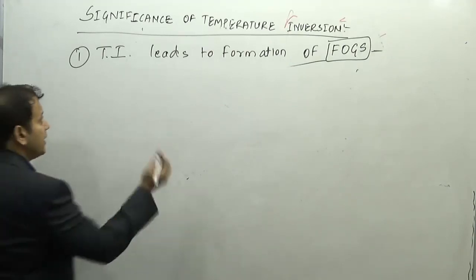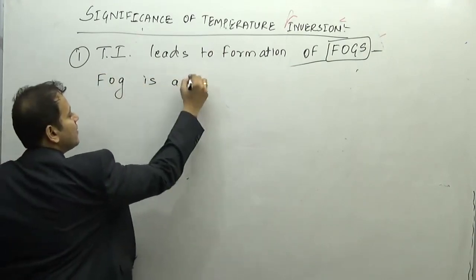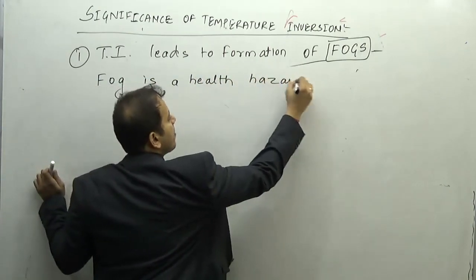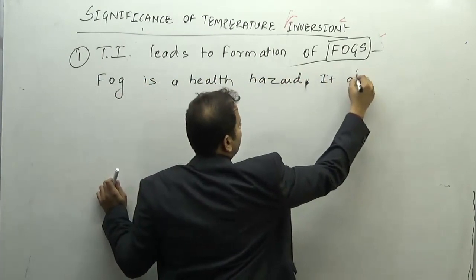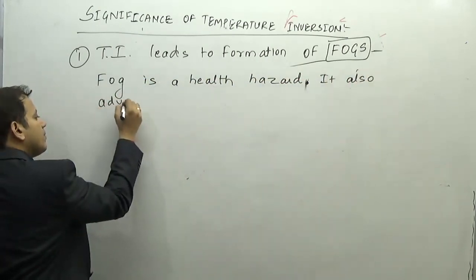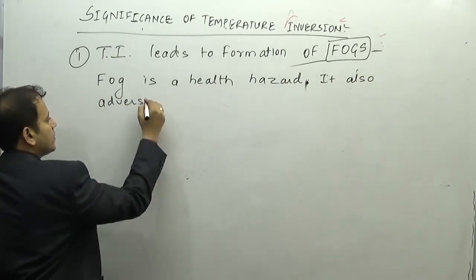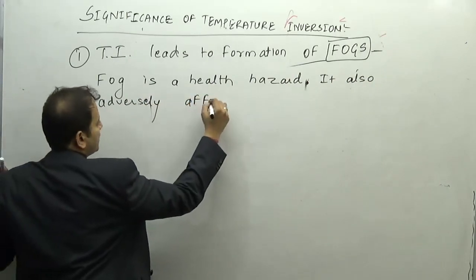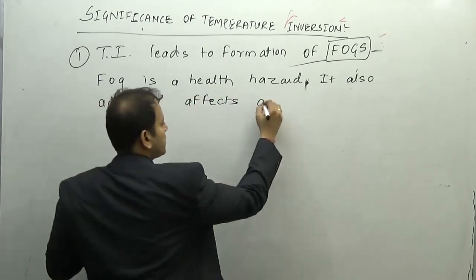So what we have studied now, fog is a health hazard. It also adversely affects, or badly affects, agricultural crops.